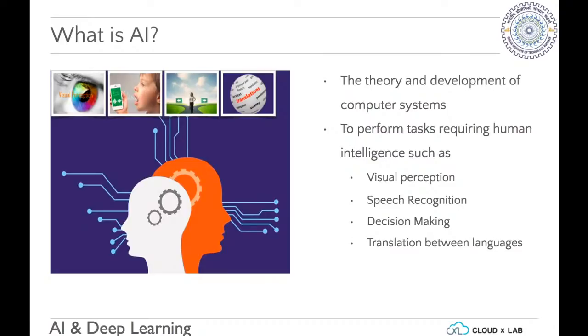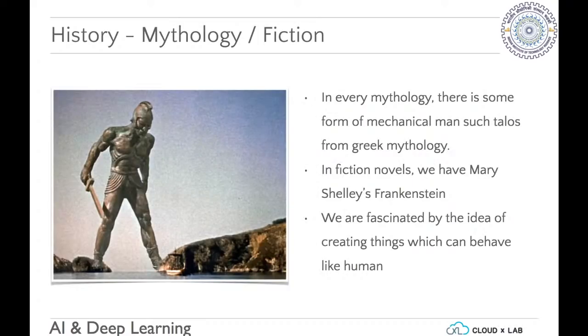Human is more relatable here. So this fad or this obsession of people to create something that can behave like a human is not new. It has been there for very long. In mythology, there was a mechanical man in the book called Talos. Similarly, in Mary Shelley's novel called Frankenstein, there is a monster, the Frankenstein monster.